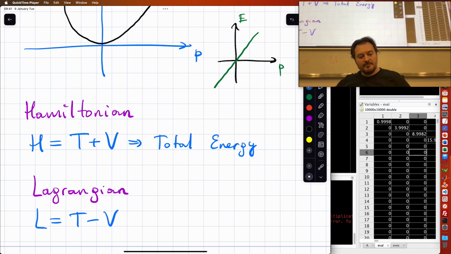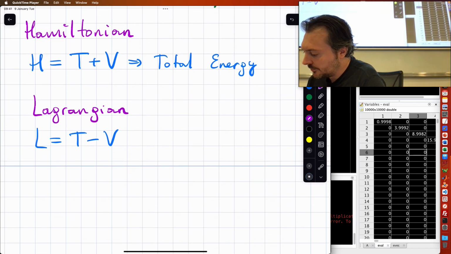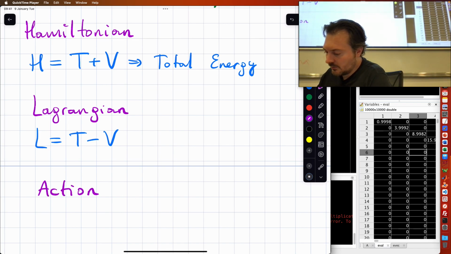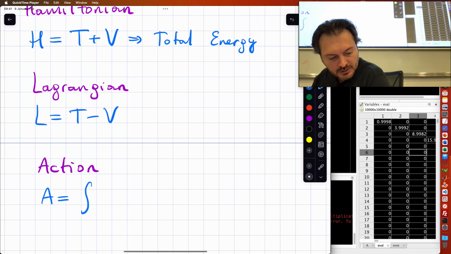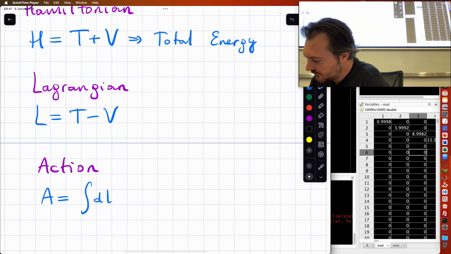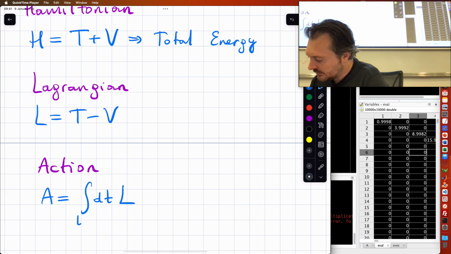Okay. Now comes one final thing that you probably don't know. Action. Okay, action is the integral of Lagrangian over some time.